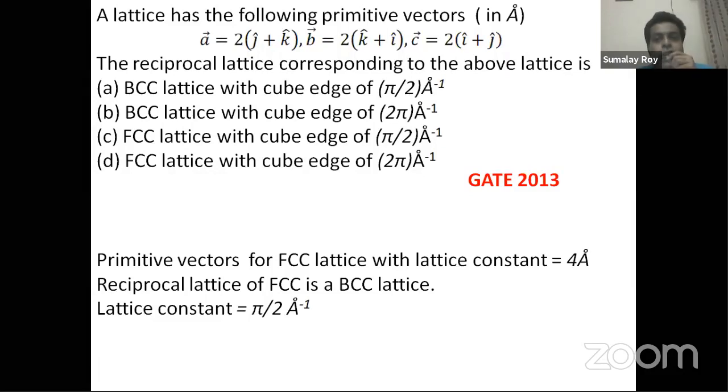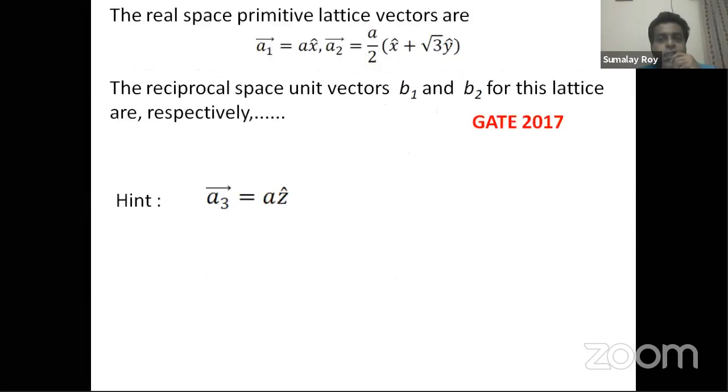You have to calculate everything. But if you can identify that this is an FCC lattice, then at once without doing anything, you can write down the answer. So having the idea is very important.